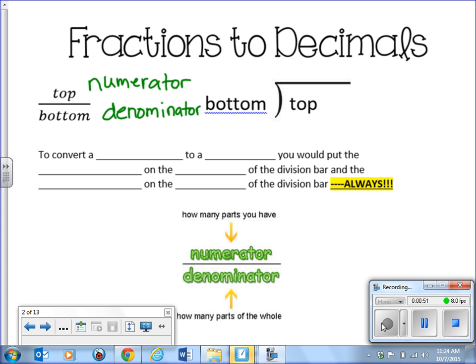All right, in order to convert a fraction to a decimal, we have to divide. So the bottom number, or the denominator, always goes on the outside of the division symbol, okay? And the numerator always goes on the inside.